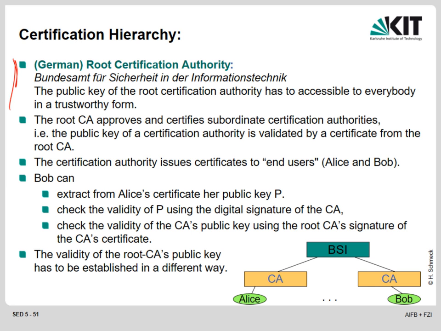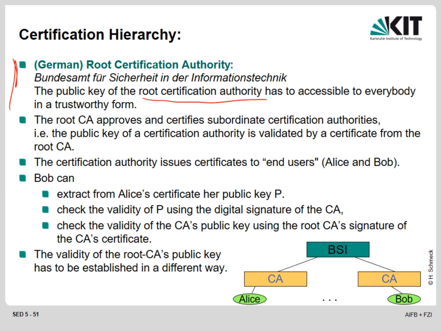And so if you install a certificate in your computer, you have to install a certification path from the certification authority that issued your certificate up to the root certification authority. Usually it's a chain of certification authorities. And the public key of the root certification authority certainly has to be accessible to everybody in a trustworthy form.